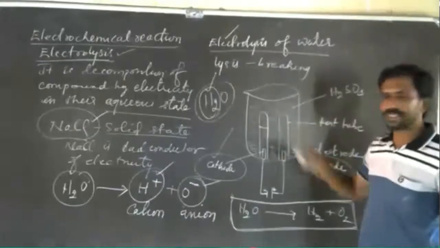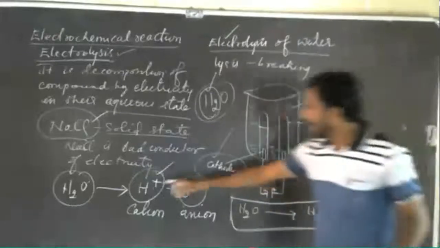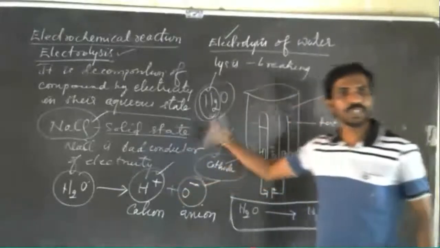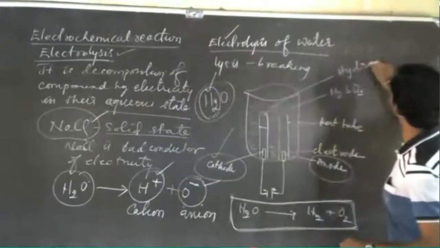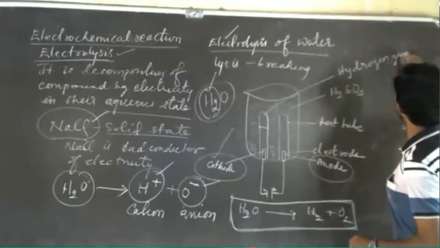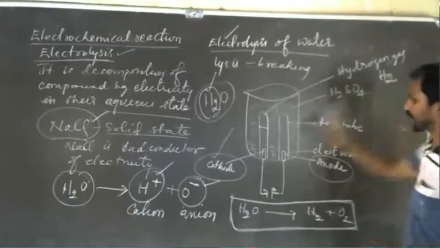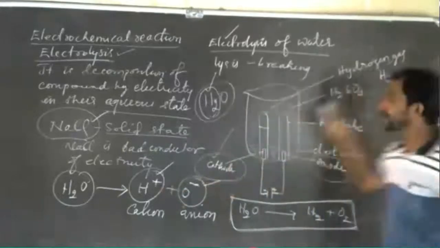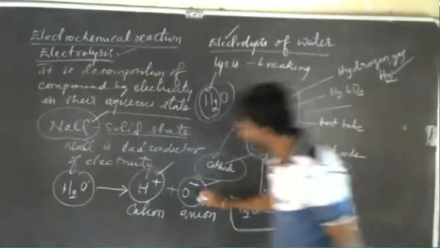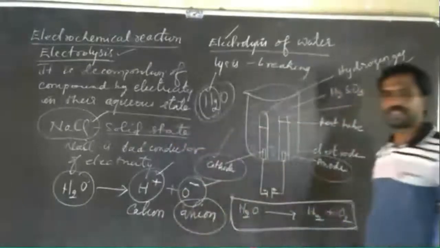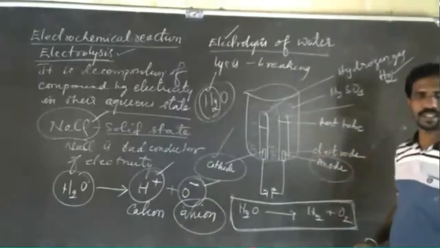At the cathode, H plus ions convert into hydrogen gas, H2. H plus ions get converted to H2. Then the anions move towards the anode and get deposited over here.